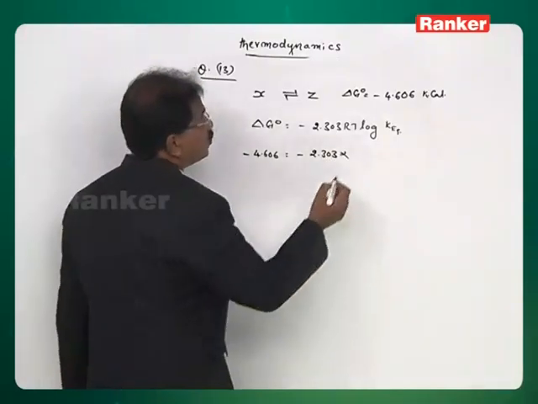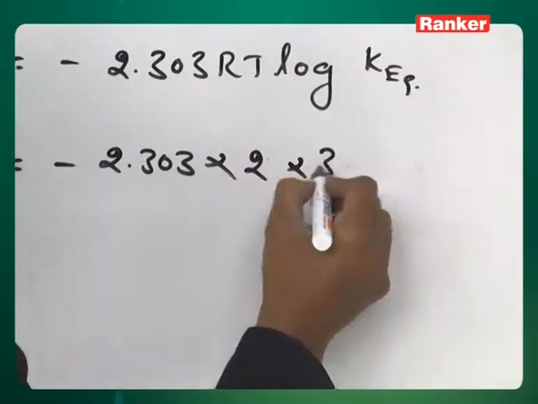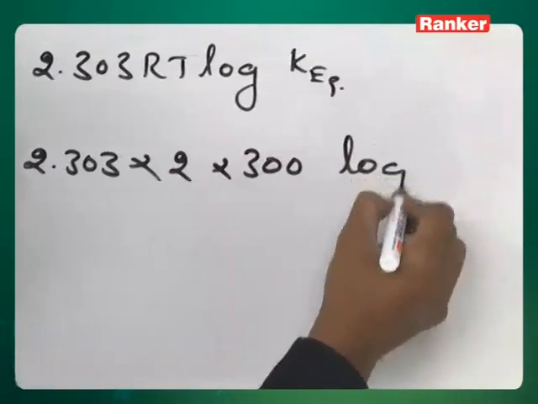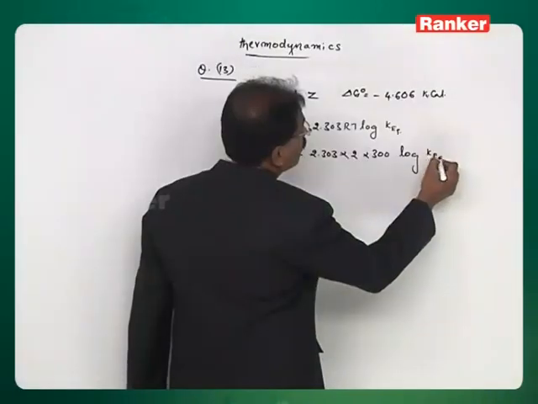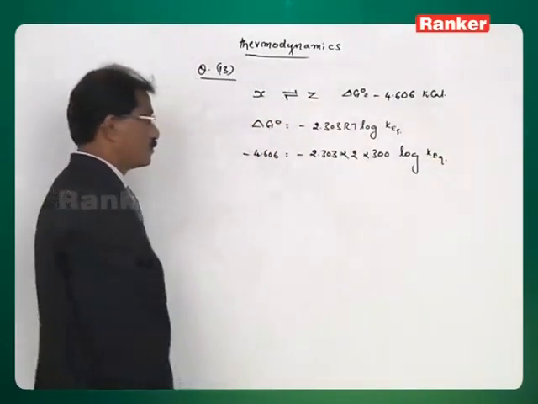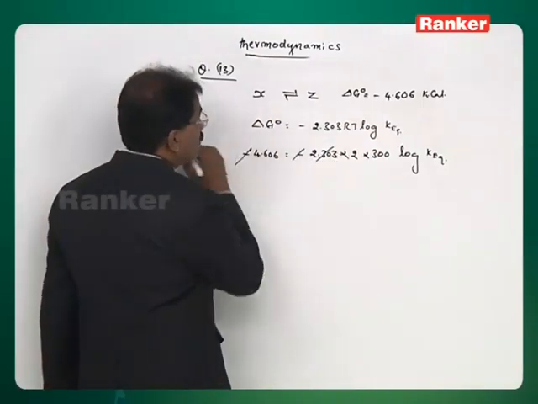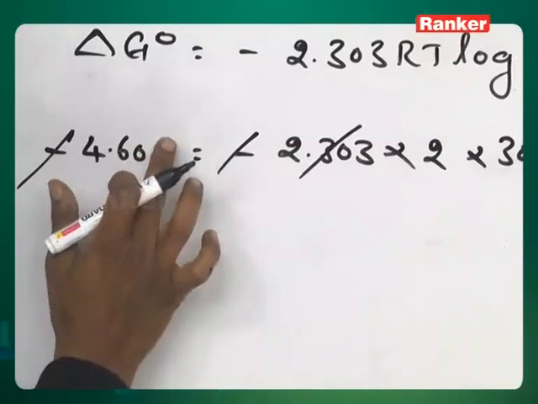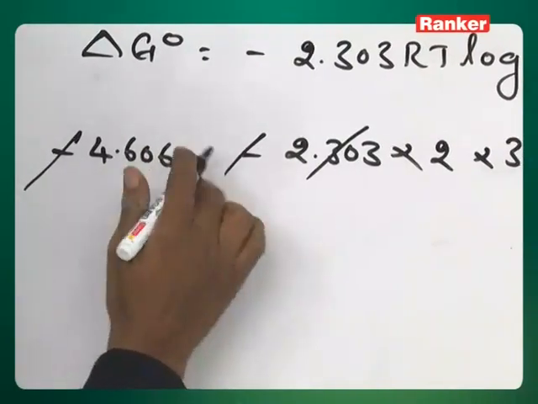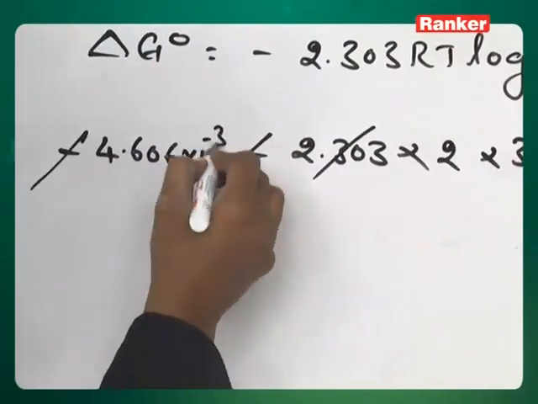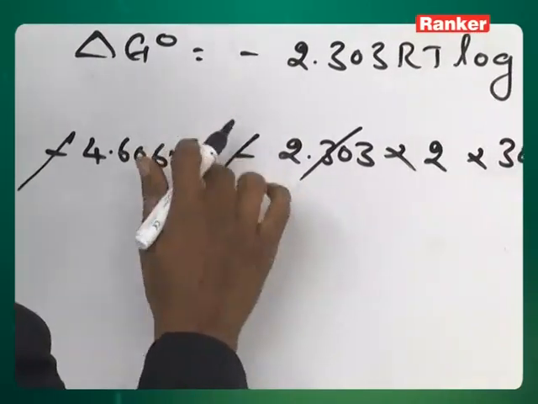R value is 2, temperature 300, equilibrium constant. It's minus 2.30, this is 4.606 into 10 power 3.